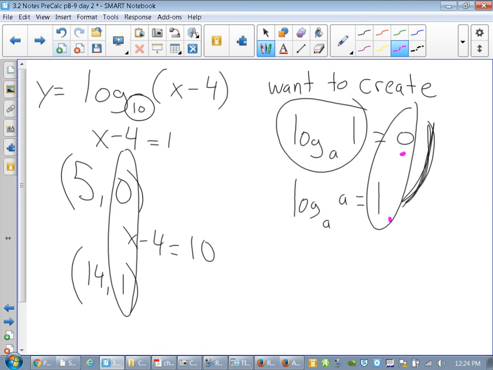As far as ordered pairs are concerned, let's say you had log base 6 of x plus 1, plus 3. You still want to create the ordered pair. So first, how do I make this equal to 1? What would I pick for x? 0.